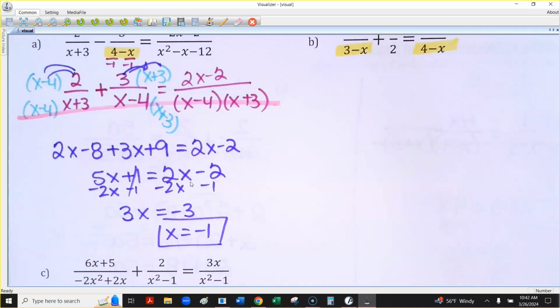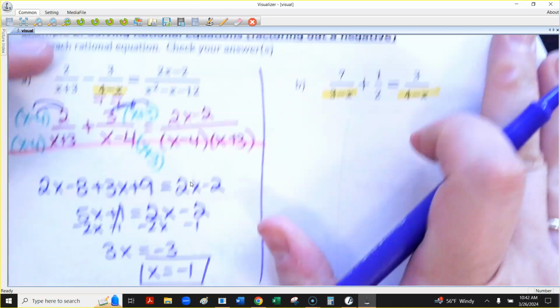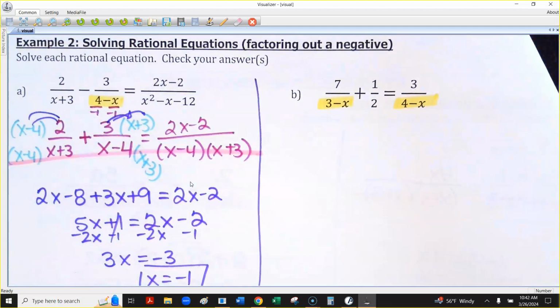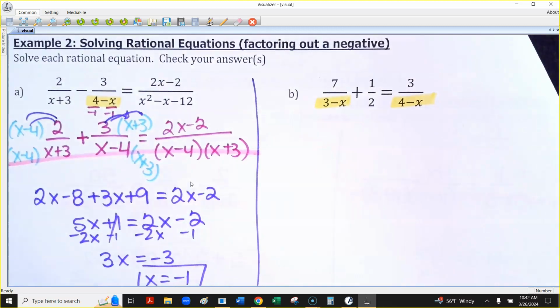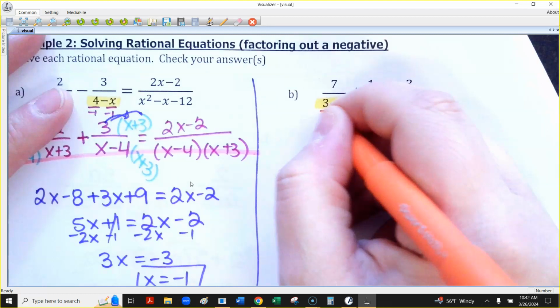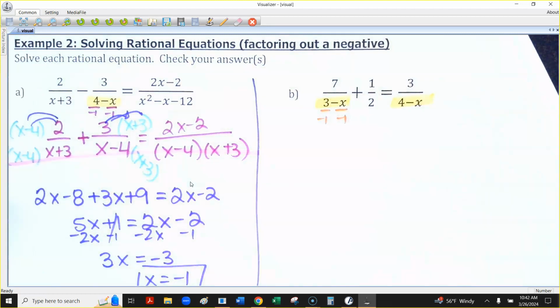Okay, let me practice that factoring out a negative with you guys one more time over here. The reason I'm doing this, I want my x to be positive. So if your x is being subtracted, they're trying to get you to do this. So I'm going to do this on two different terms. I'm going to take a little negative out in front.